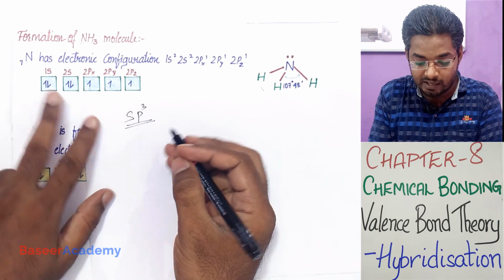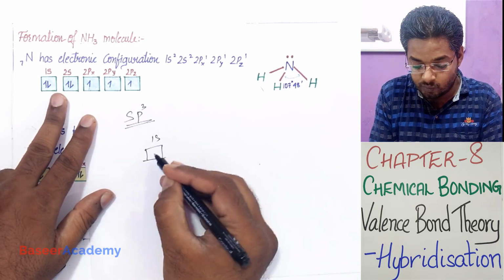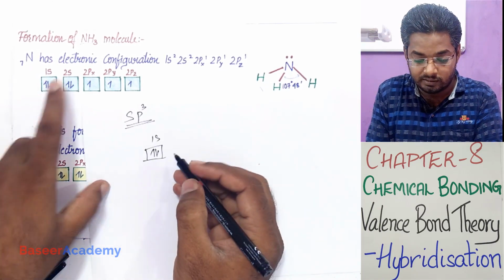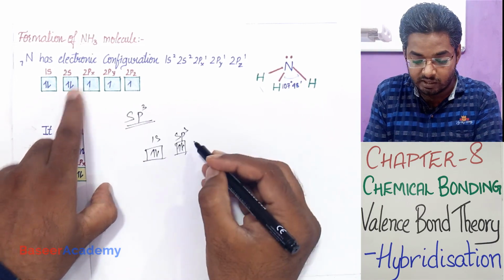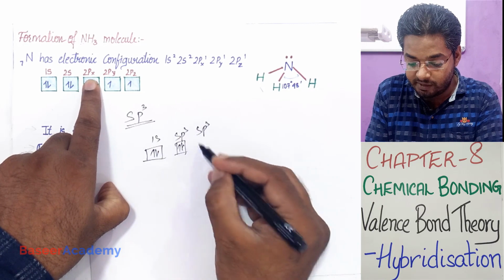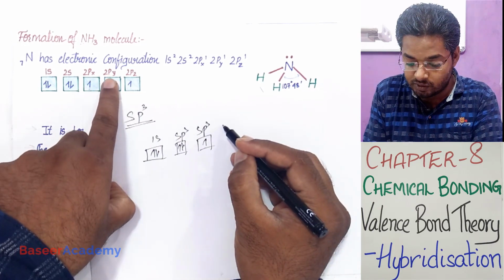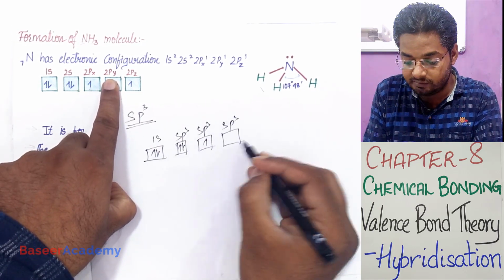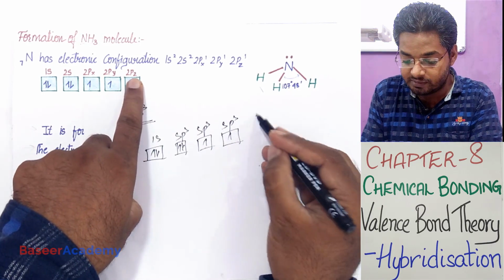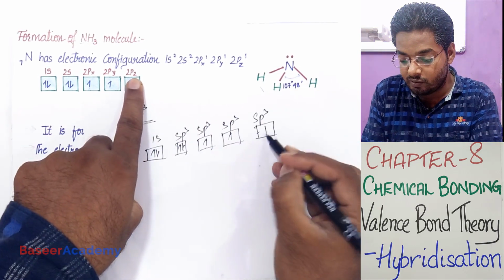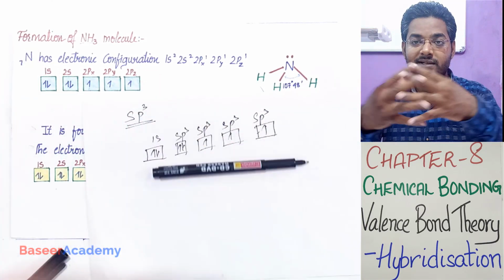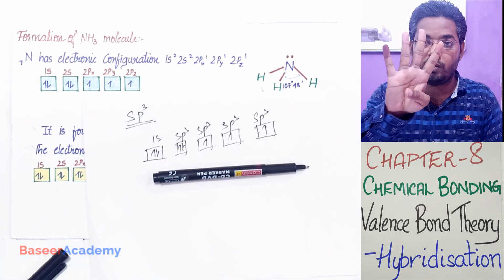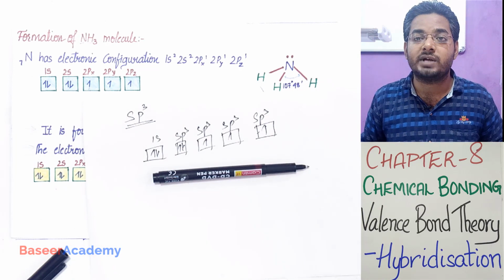So let me write this down for you. This is 1s. This 2s becomes the sp3 hybrid orbital. This 2px becomes an sp3 hybrid orbital. This also becomes an sp3 hybrid orbital, and this also. Since these 4 orbitals were intermixing, we get 4 hybrid orbitals.